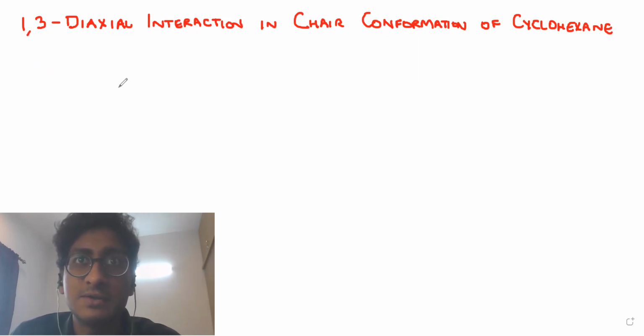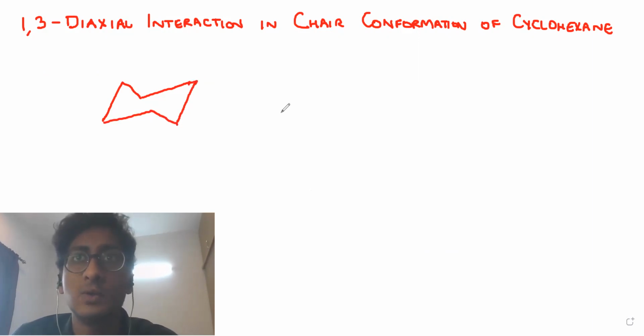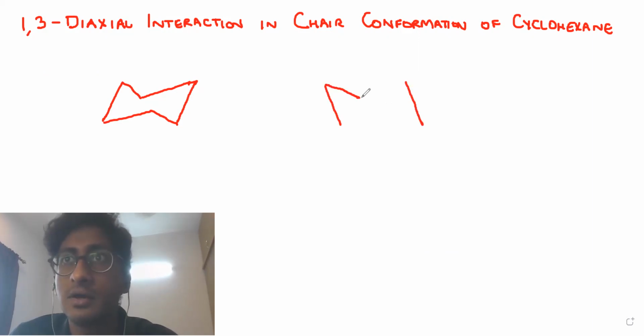So let's look at the two different forms of chair that we can draw. Right, so we have these two different forms in which we can draw the chair conformation, and they are interconvertible through rotation about single bonds.